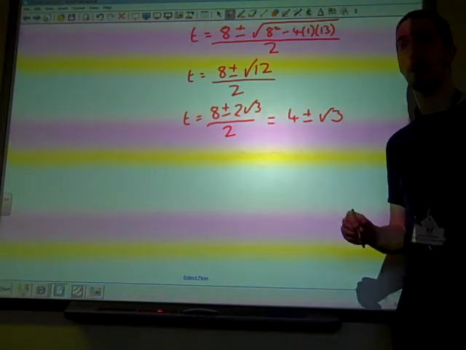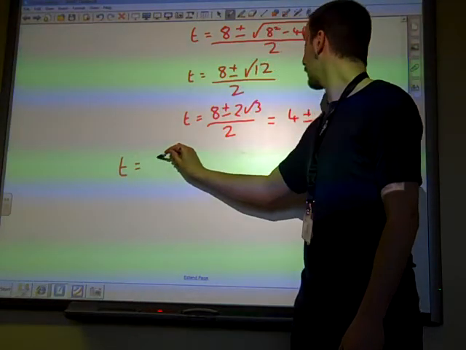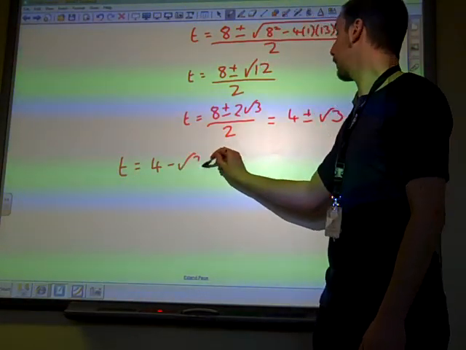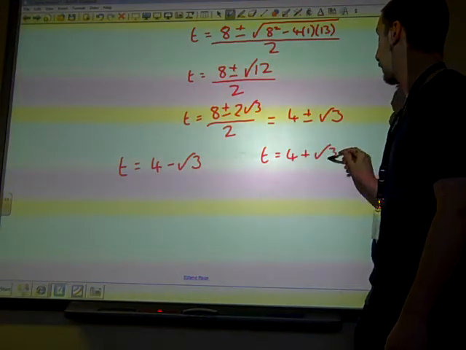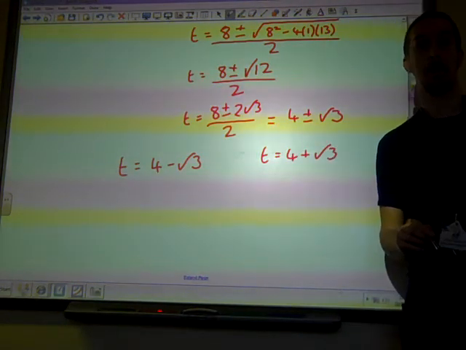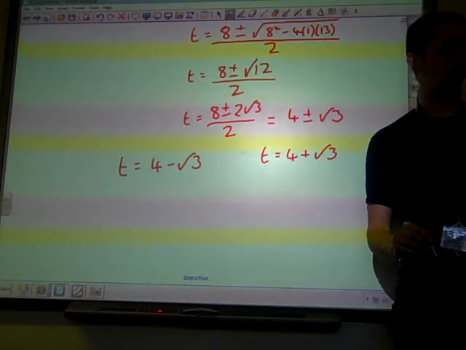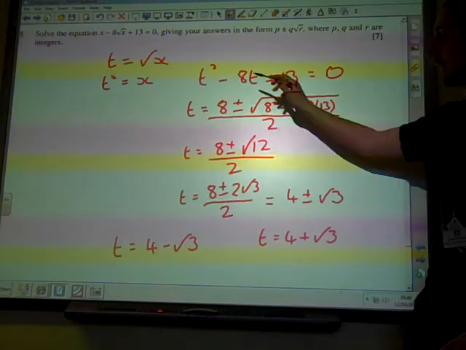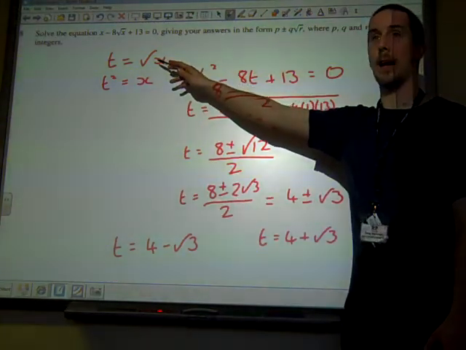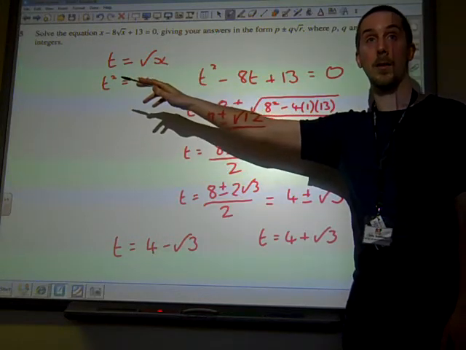Now before we get too carried away with what we've got there, we're saying that t equals 4 minus root 3, or t equals 4 plus root 3. And we introduced t to this question. The question wasn't about t at all. The question says that t equals root x, or x equals t squared.